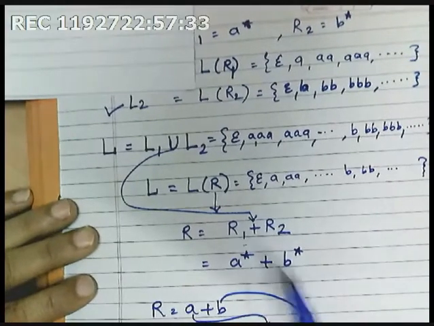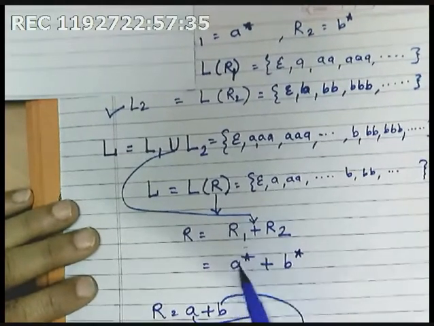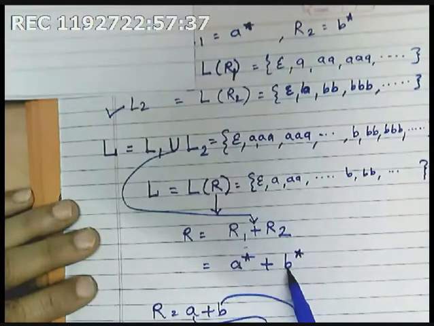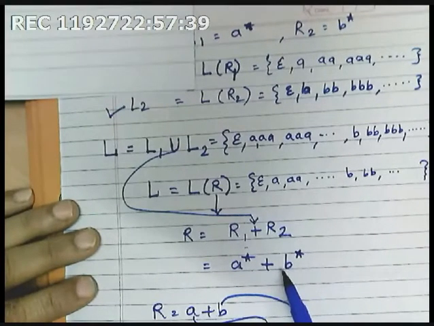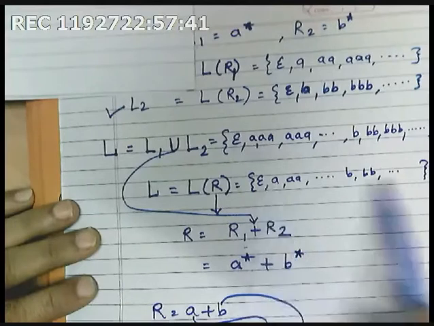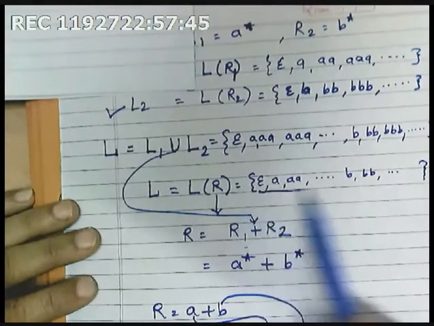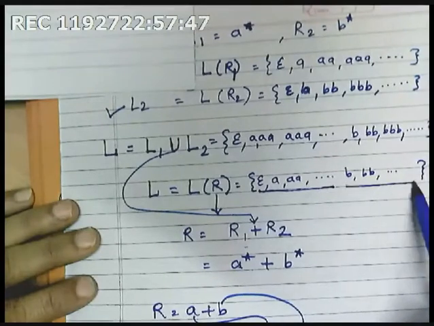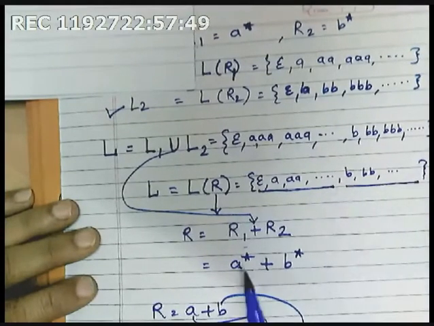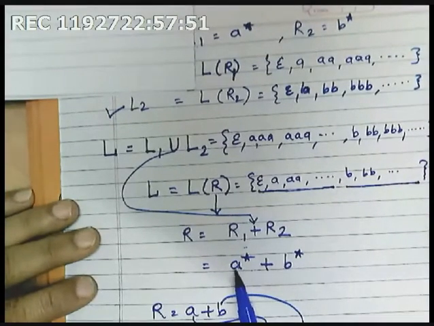Now, can I write a regular expression for this set? Yes, I can write it. It is A star and B star, and both are there. So it is nothing but represented by A star plus B star.